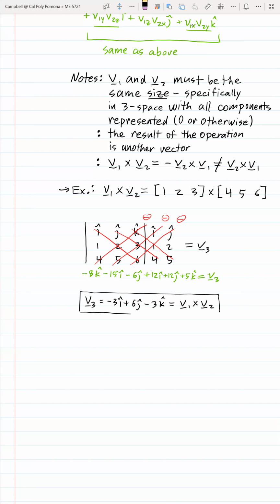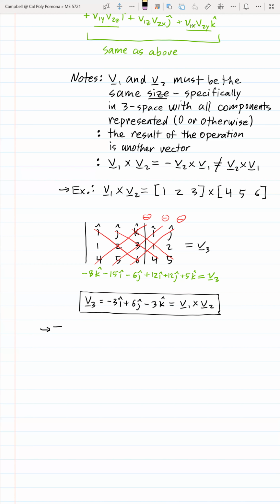Now, of course, if I reverse this, we wouldn't have to go through and recalculate all this. We would just know that we would have a positive 3 i hat minus 6 j hat and a positive 3 k hat, because, of course, the sense of the vector is simply reversed when we reverse the order associated with the cross product itself.